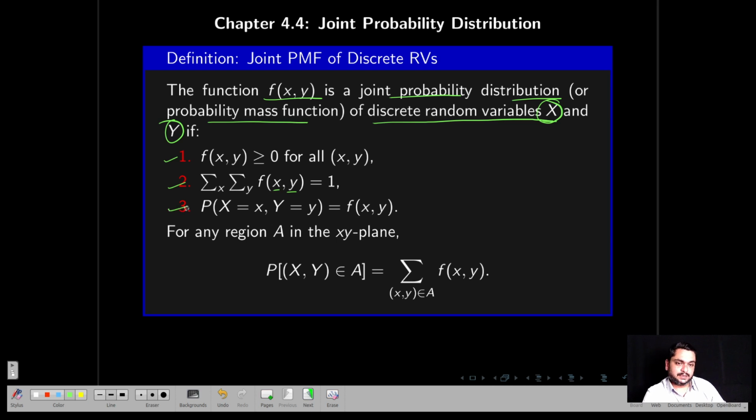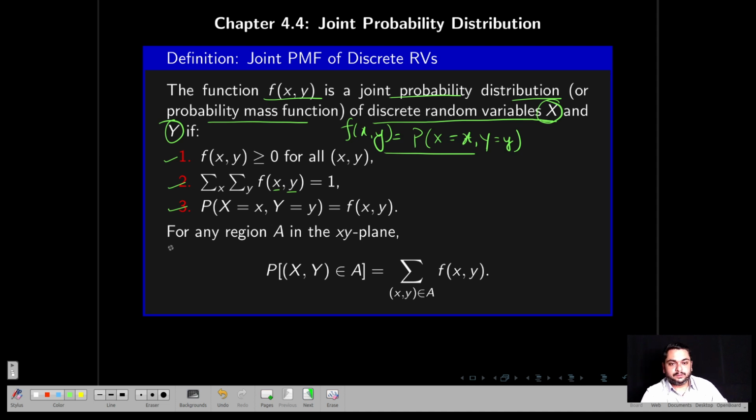Then the third one is the probability distribution, that is the PMF function. Here we write f(x, y) equal to P(X = x, Y = y). Previously, in a single variable, it was f(x) equal to P(X = x). But here there are two variables, so we extend this to two variables.